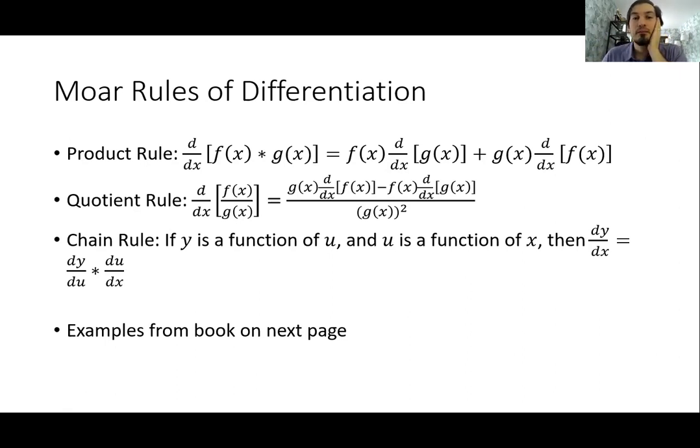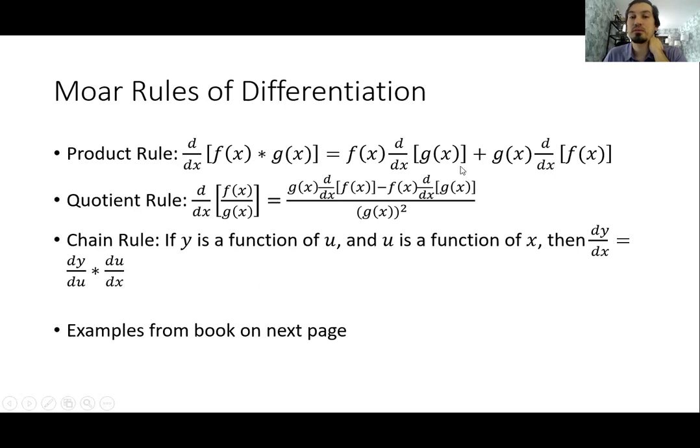And that is, if you take the derivative of f times g, and that's like 2 functions being multiplied together, I have to solve it in this separate way, which is to say the answer is f. Just leave f the same, whatever f you started with, and multiply it times the derivative of g.